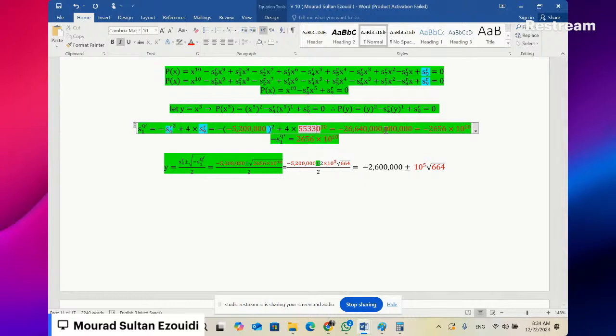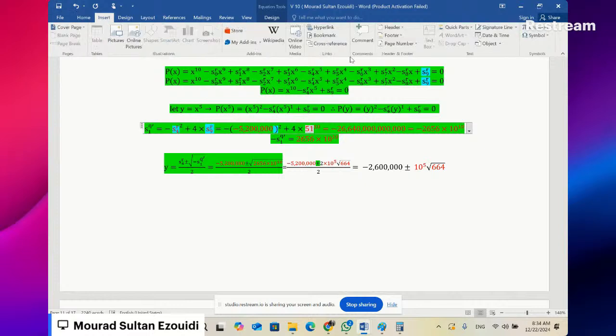Is possible? Where am I writing it? Oh my god. Hmm. This is equal to 51, isn't it? Okay. 51 multiply. Multiply. 10 raised to the power.